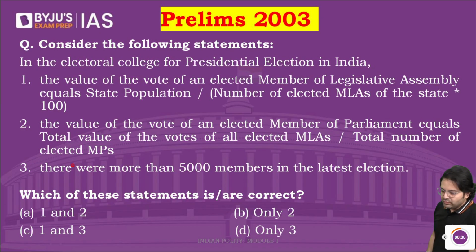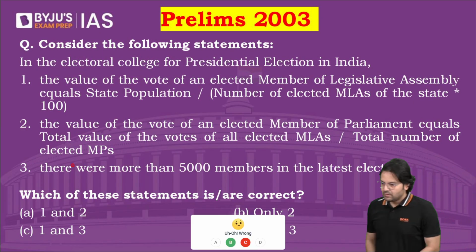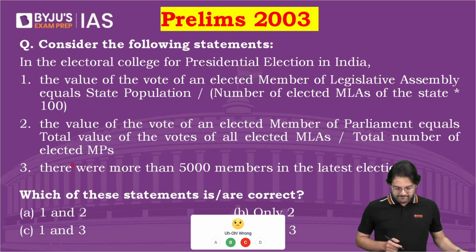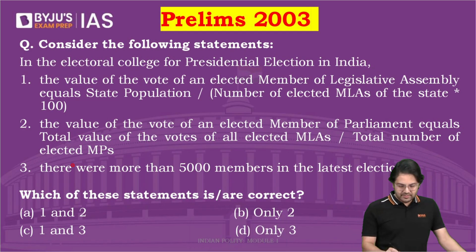A is 1 and 2, B is only 2, C is 1 and 3, and D is only 3. Okay. So all of you got this correct.